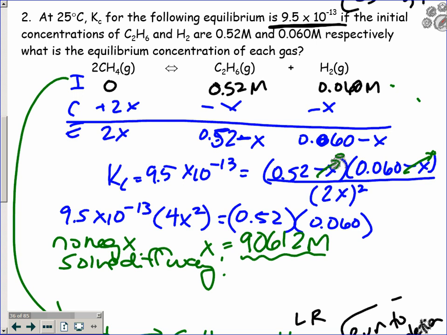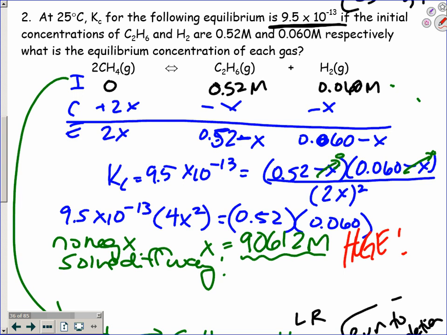When we go through the ICE table and we see that the K value is very small, but we have a lot of products, that should ring a horrible bell. This can't be the place where I should be, because I have too many products for such a small K value. But we ran through the K setup anyway. We set up the ICE table and plugged our values in. We saw that x was huge. If x is huge, that offsets our 5% rule 100%.